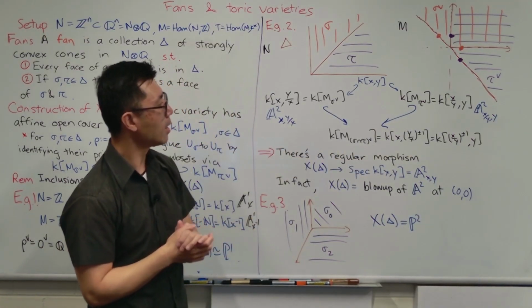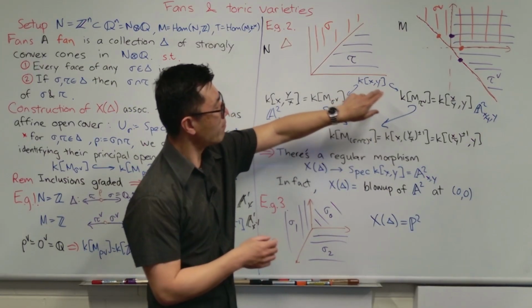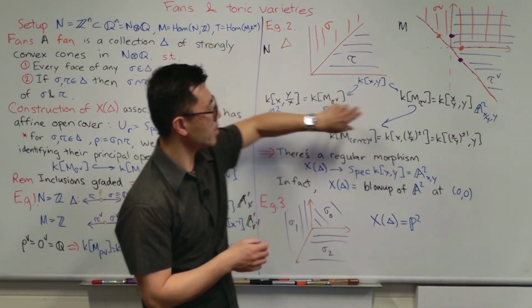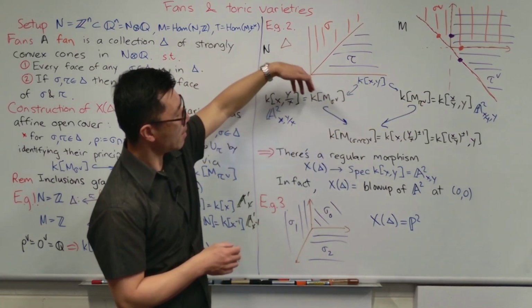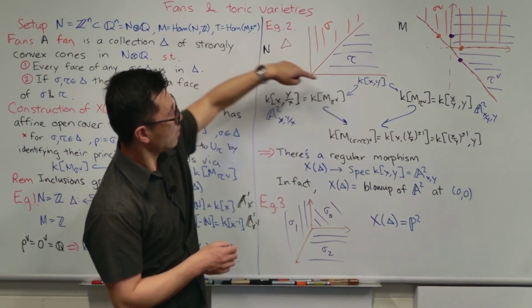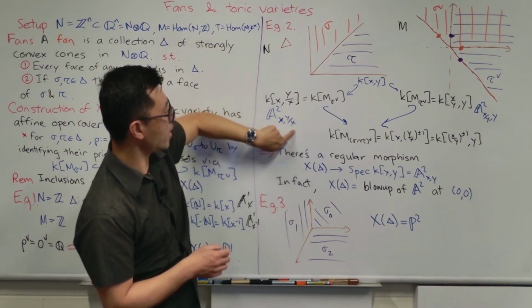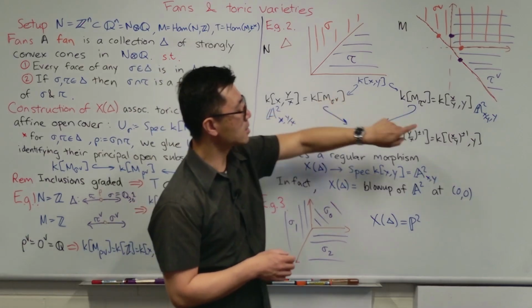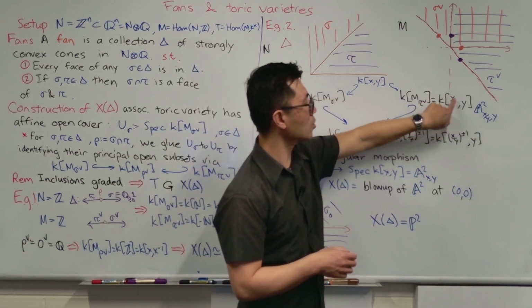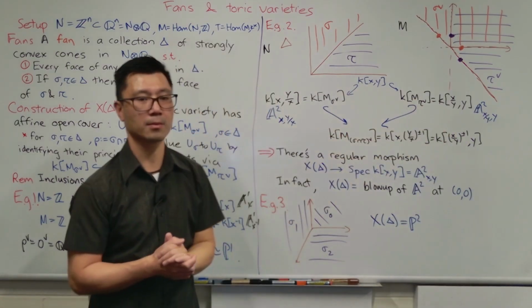And so you'll find that there's a map from k[x, y] into both of these. And that's just given by, well, this is a subalgebra of this, because when you multiply x with y on x, you get y. So this contains both x and y. And similarly, when you multiply x on y by y, you also get x. So you'll get k[x, y] as a subalgebra of this as well.